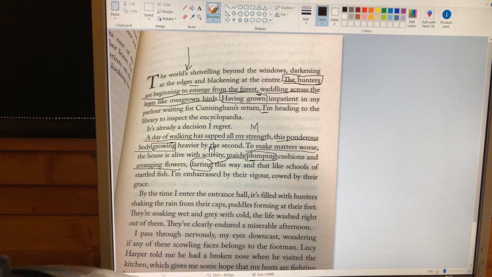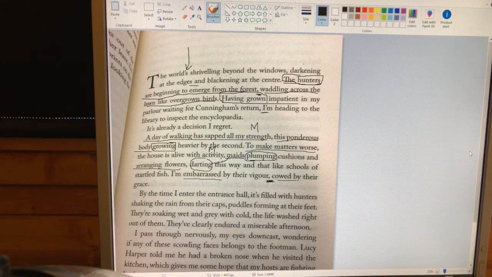Okay, if we come to the next sentence, which is I am embarrassed by their vigour, cowed by their grace. First thing to notice is that there's a comma between the embarrassed by their vigour and cowed by their grace. The second thing to do is to think what kind of word is embarrassed, what kind of word is cowed. Now, if anybody out there thinks adjective, you're absolutely right.